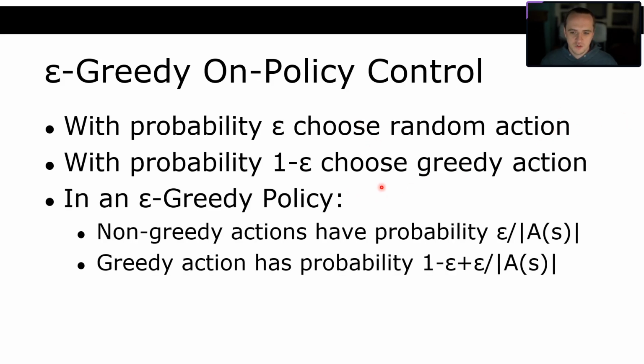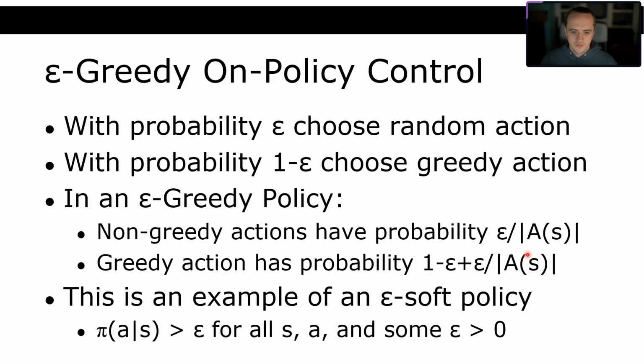So in an epsilon greedy policy, non-greedy actions have probability epsilon over the number of actions in the set, and greedy actions have probability 1 minus epsilon plus epsilon over the number of actions in the set. And I'll do an example of this that shows you how that math works out. And so this is an example of an epsilon-soft policy.